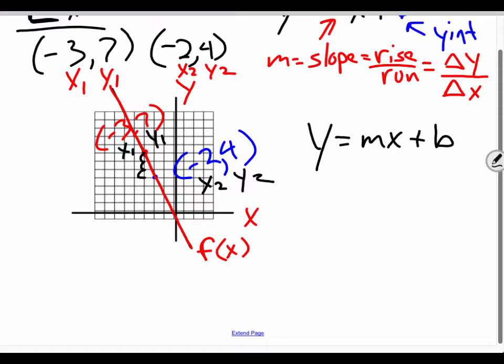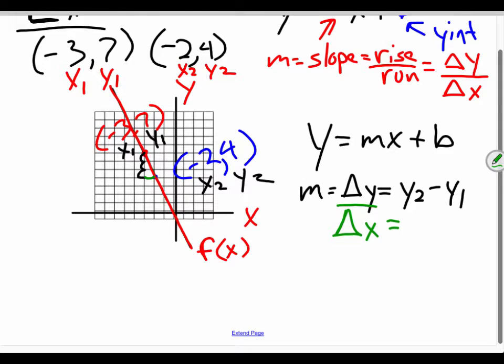Now, another way that I can calculate that, the change in y, is y sub 2 minus y sub 1. And likewise, I could do the same thing going over in the x direction, or delta x. Delta x would be x sub 2 minus x sub 1.